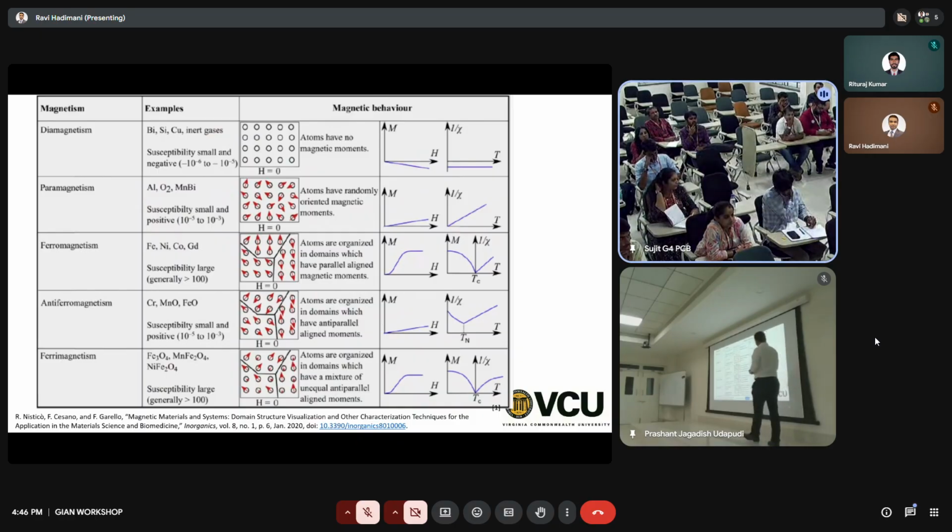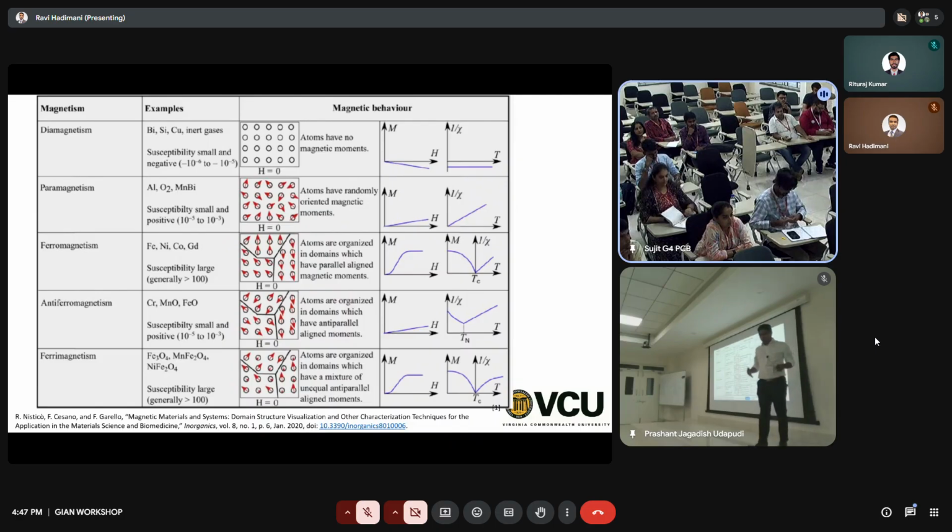This is the key hallmark of ferromagnetic materials. They have really high magnetization or magnetic flux density, but after a while, they saturate, whereas paramagnets don't saturate at all. They keep going. So these are the two hallmarks.